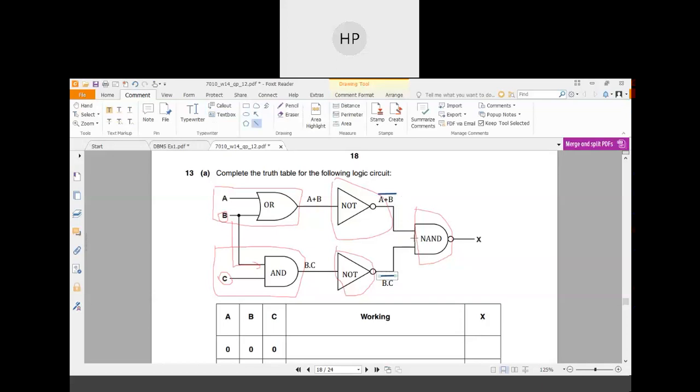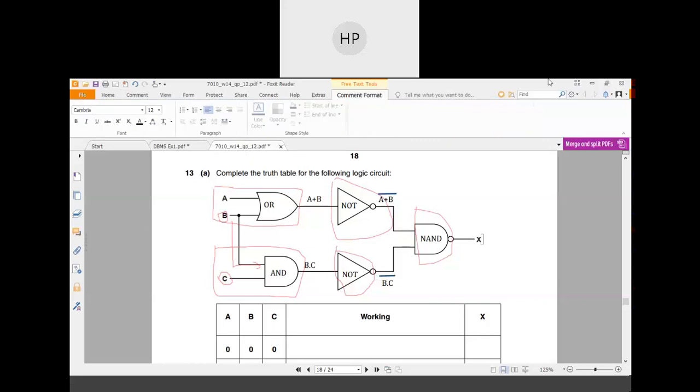So we got A plus B bar and B dot C bar. Now these two outputs go through this final NAND gate. What happens now?